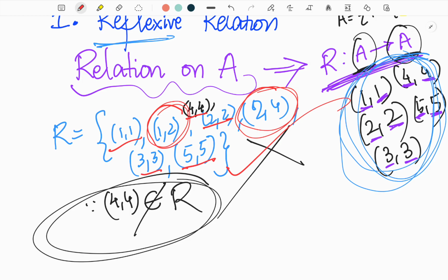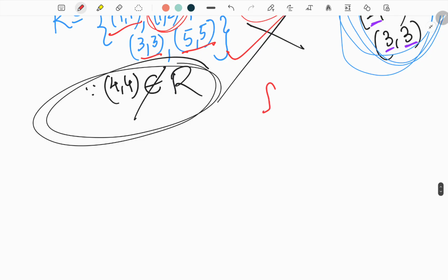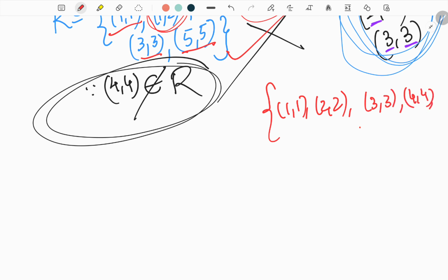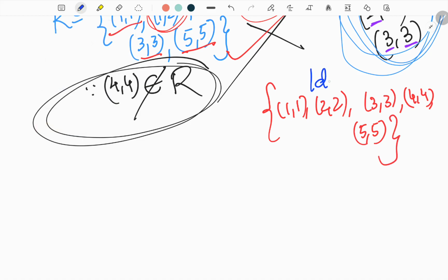to the reflexive relation. Now, if there is a relation which is having only 1 1, 2 2, 3 3, 4 4 and 5 comma 5, then this particular relation is called an identity relation.